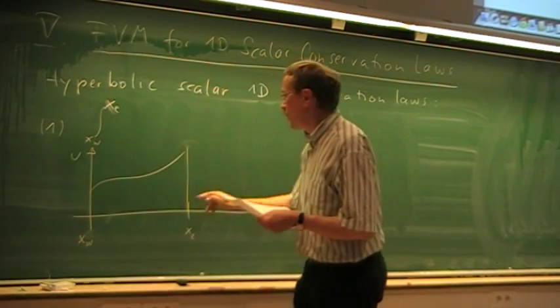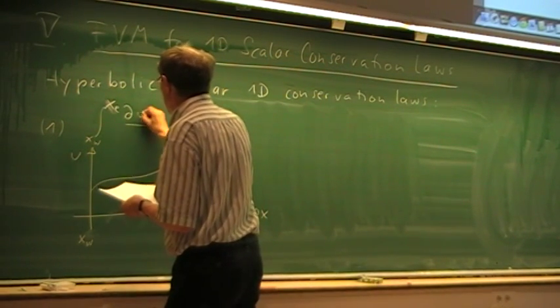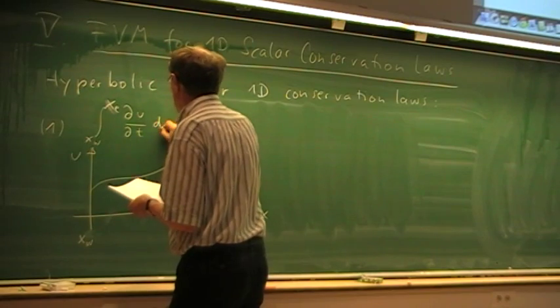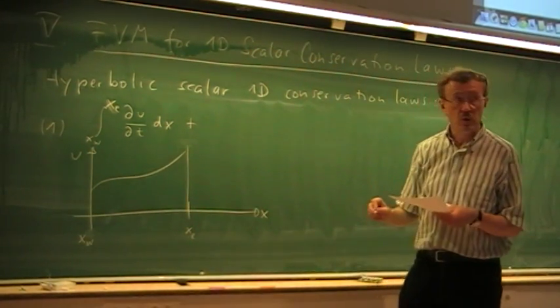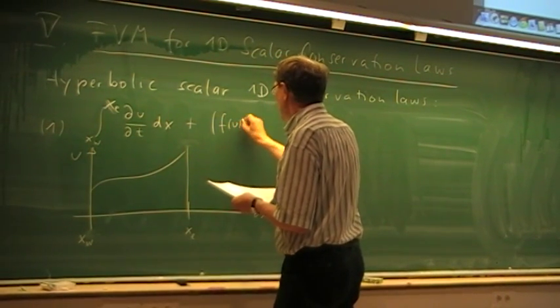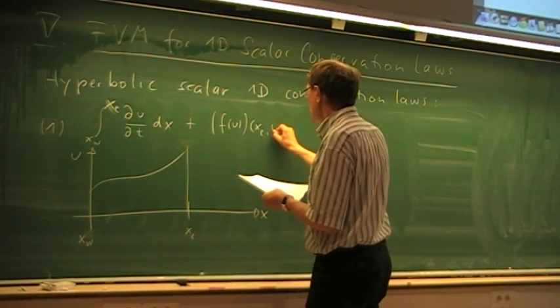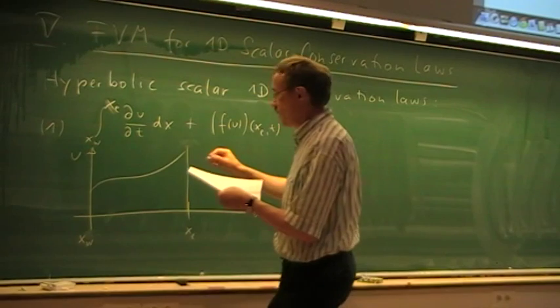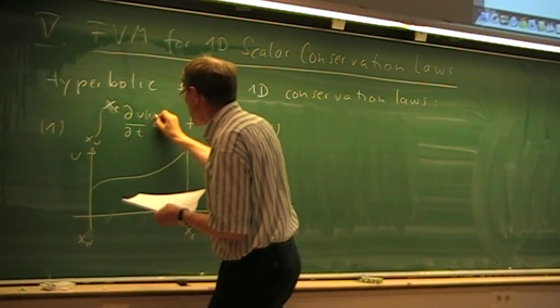So the integral from the western to the eastern face, where we integrate over the time derivative of our conserved variable. And then in general, we will have a nonlinear flux, which we call f of u, and that will be evaluated at the eastern face at a certain time t.